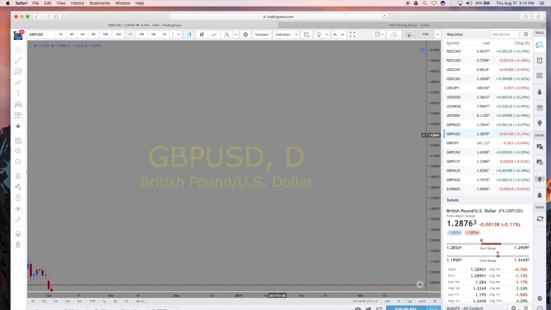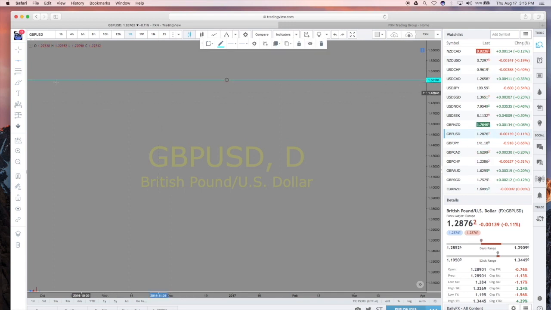So what is support and resistance? Think of resistance as a ceiling, and think of support as a floor, right? So let's say that we have a ceiling here, and the floor here.